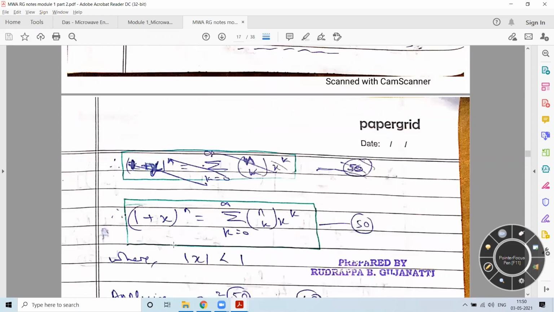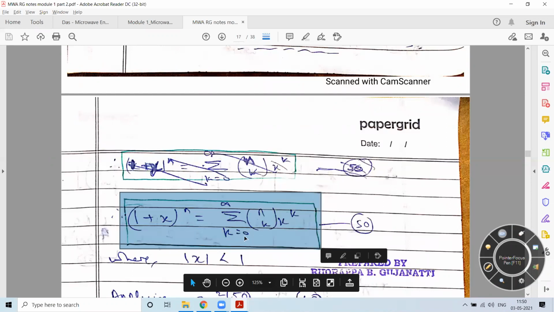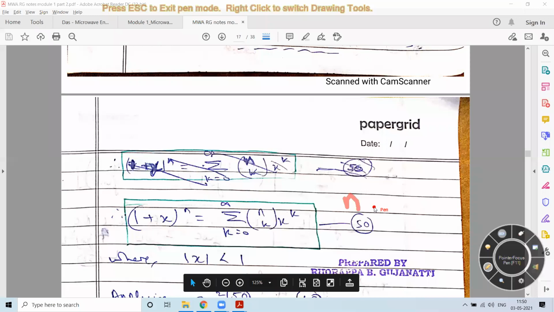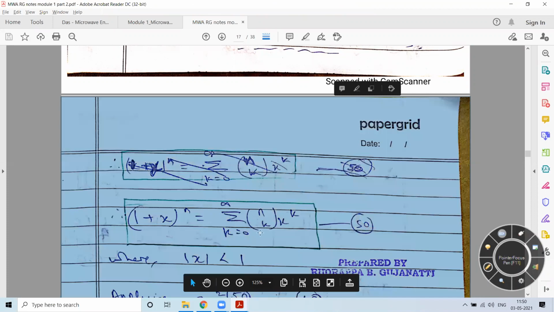Sometimes it is written as n over k in brackets.